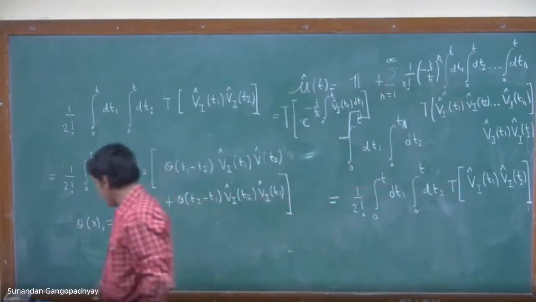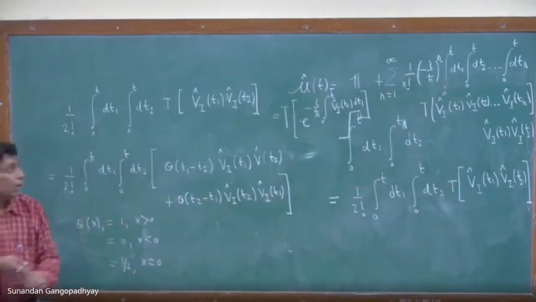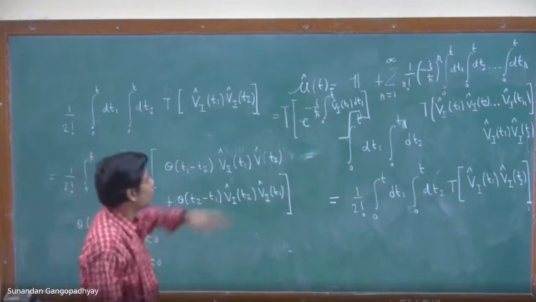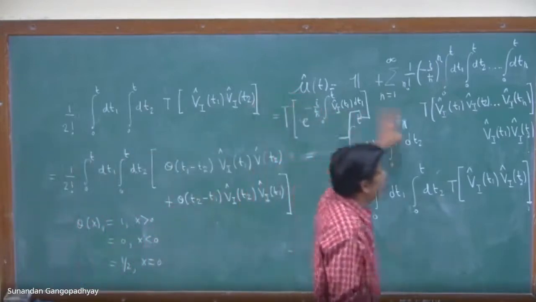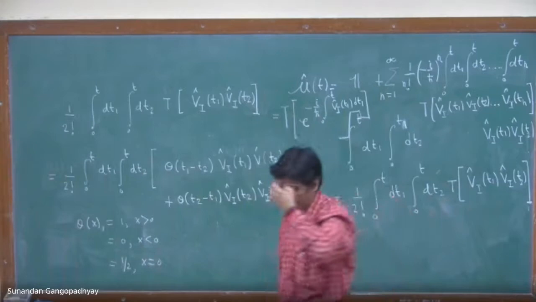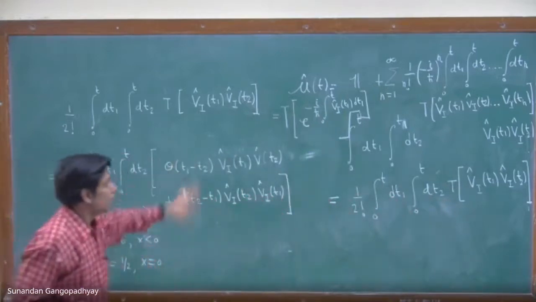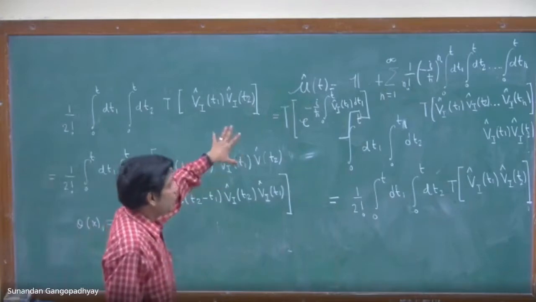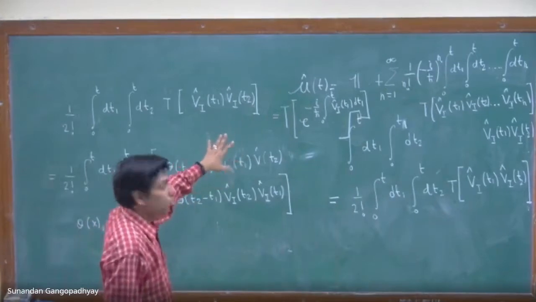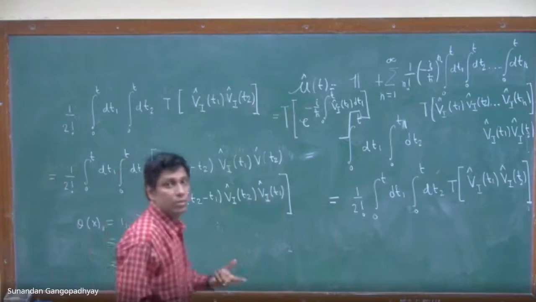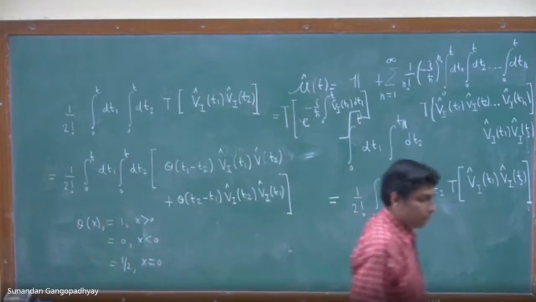This is a formal expression for the evolution operator U hat t, the perturbative, infinite series expansion, and it is a very important tool in calculating various physical quantities, as we shall see in our later discussions.